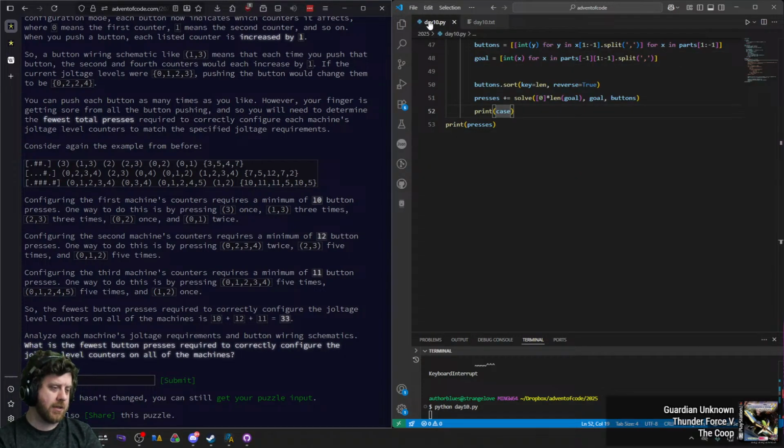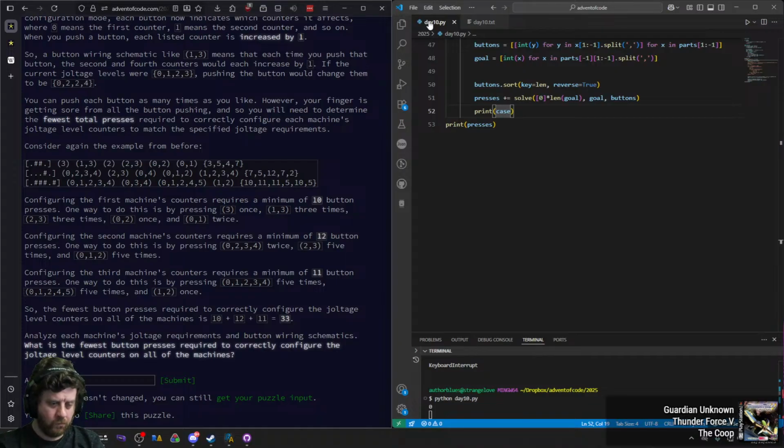I do think this is a linear algebra problem, and I'm not knowledgeable enough about linear algebra to know how to solve it efficiently.